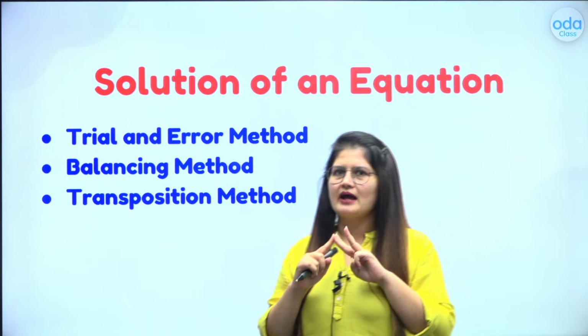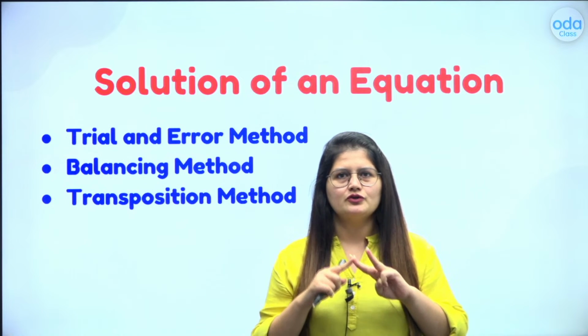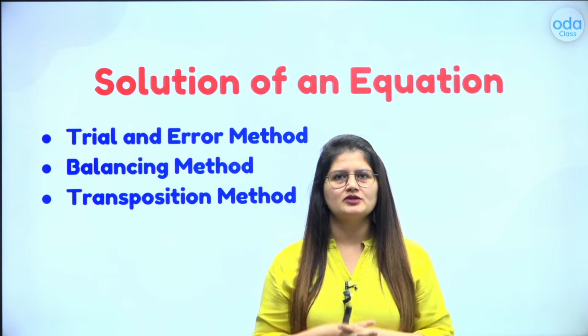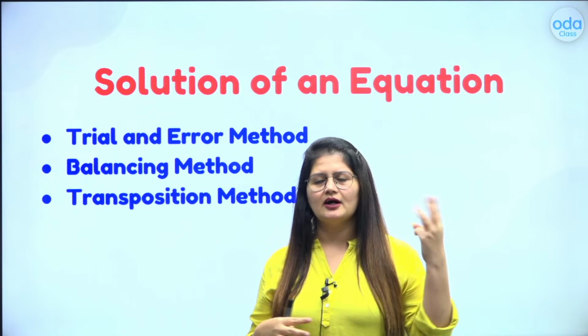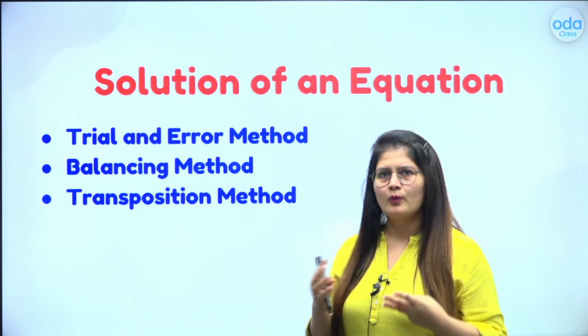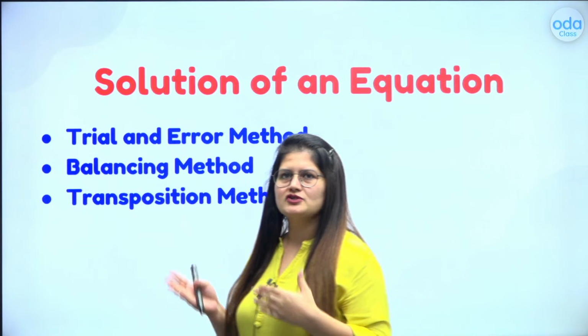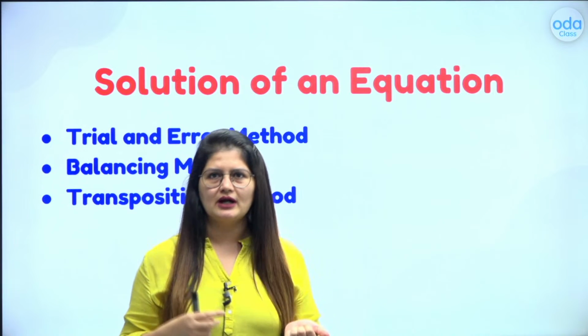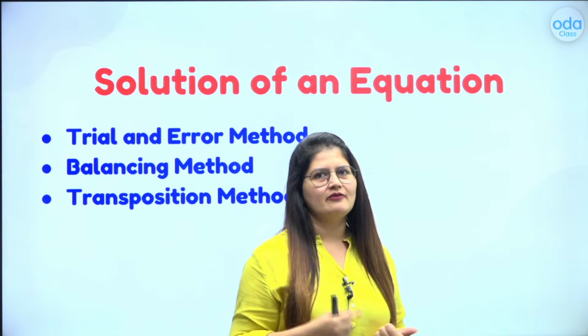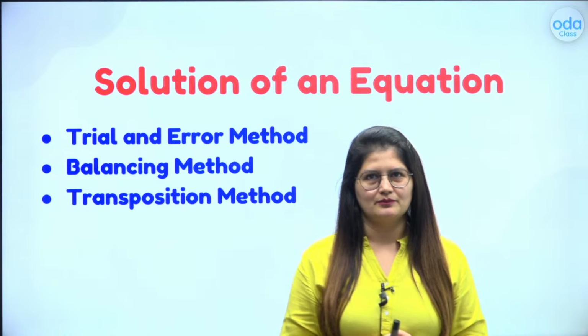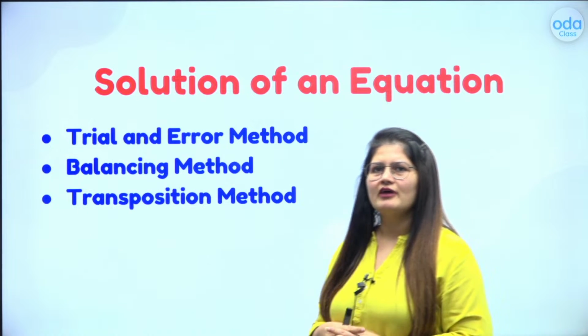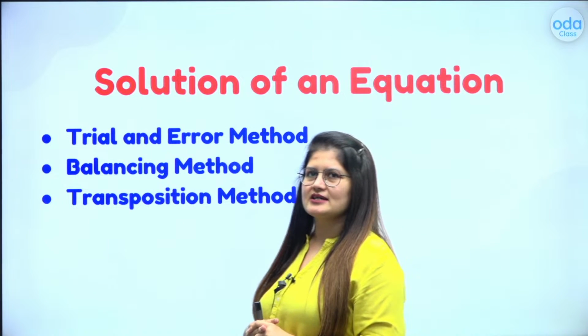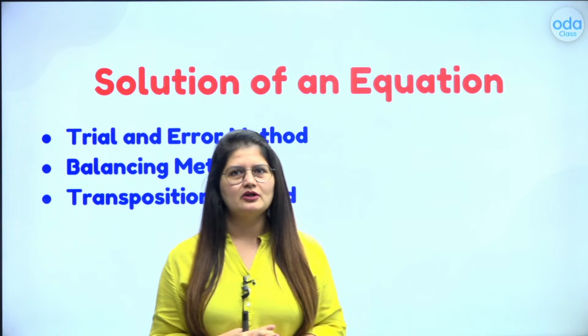The second was the balancing method, where we perform the same operation on both sides of the equal to sign. And third was the transposition method, where we just move the numbers from one side of the equal to sign to the other, and while doing that we also change the sign of the numbers, right?